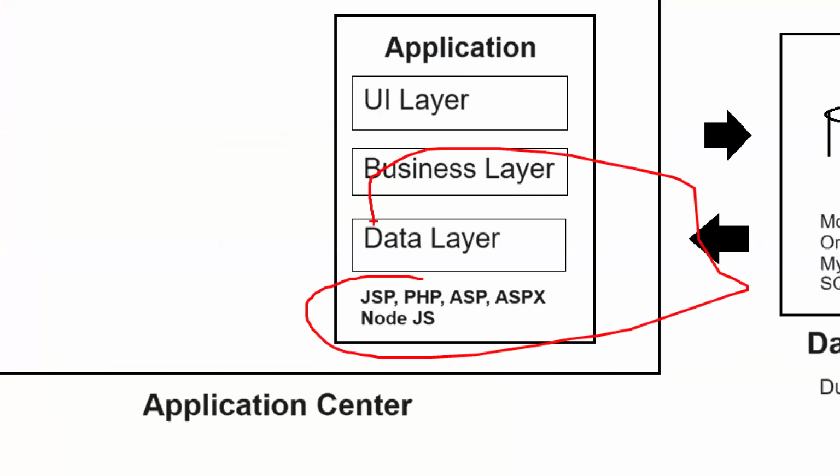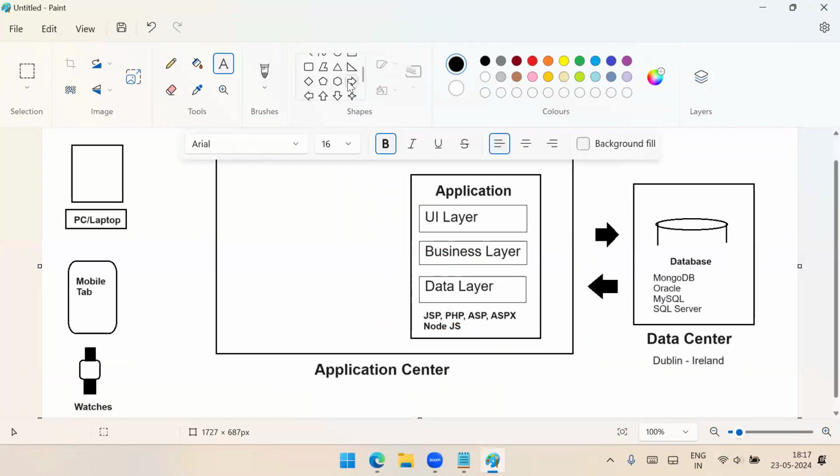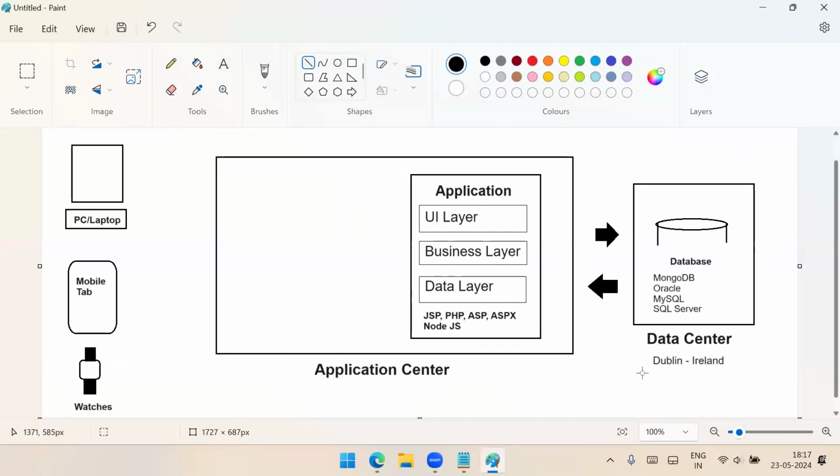JSP belongs to Java, PHP and ASP belong to VB, this is ASP.NET, this is Node.js. By using these server-side technologies, they communicate with the data. That means these are responsible for connecting with the database and getting the data from it.